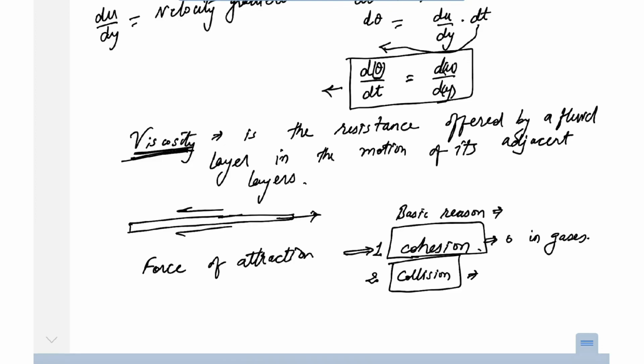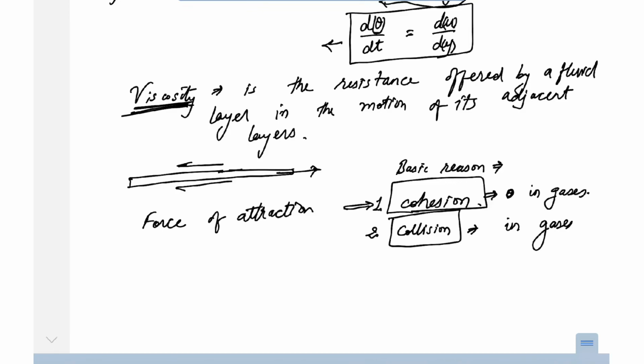So this collision is the basic reason in gases, not in liquids, whereas cohesion is almost negligible for gases. So I hope you all got a clear concept about the basic reason of viscosity.